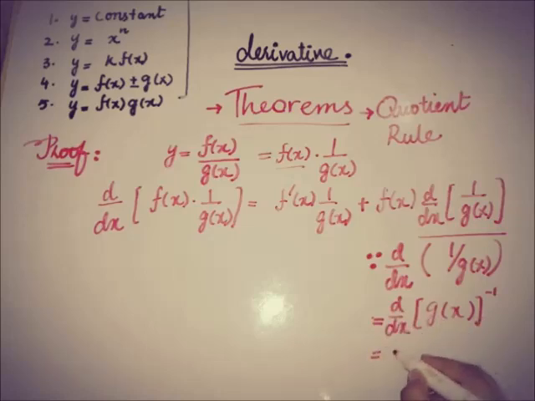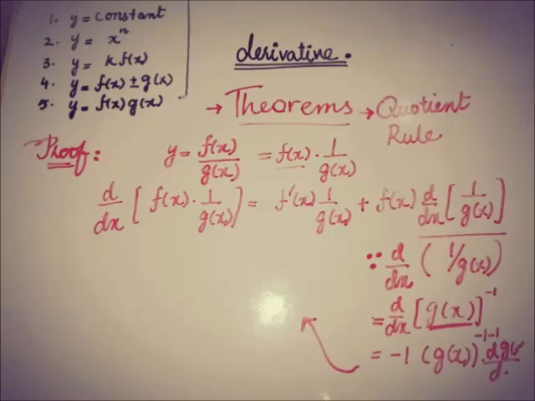By applying the power rule, the power comes down, there should be a decrease in the power, and then the change of the function, so we multiply by d g of x over dx.